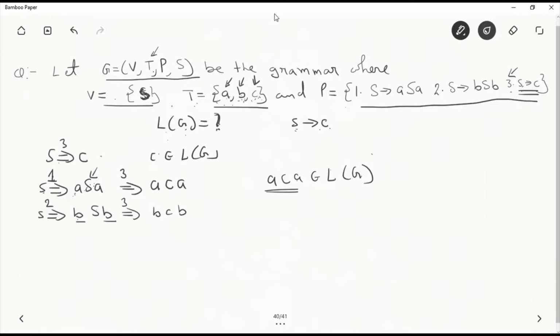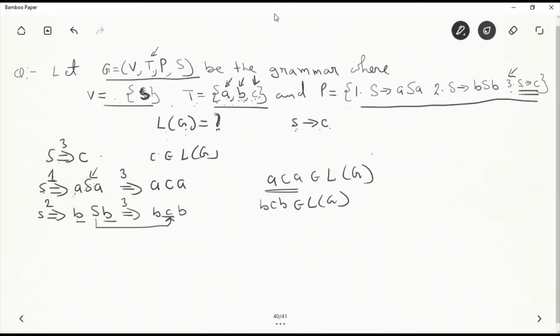What is actually happening? This S is being replaced by C using this production rule. So again, what can we write? BCB belongs to L of G.